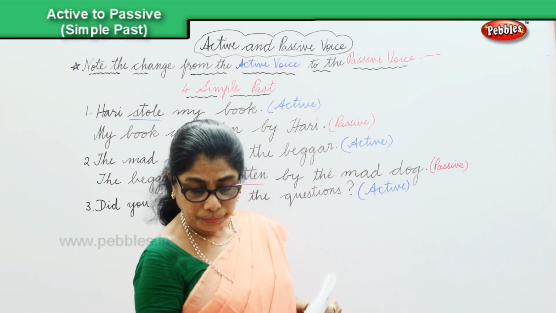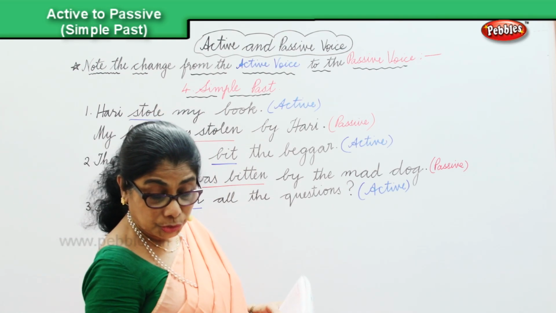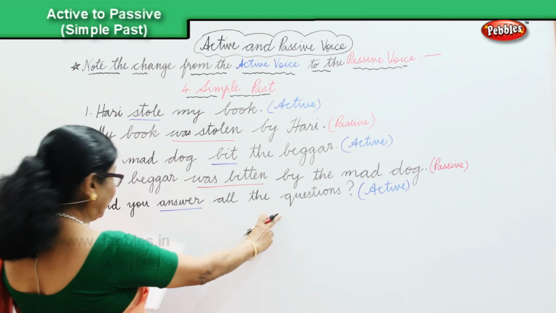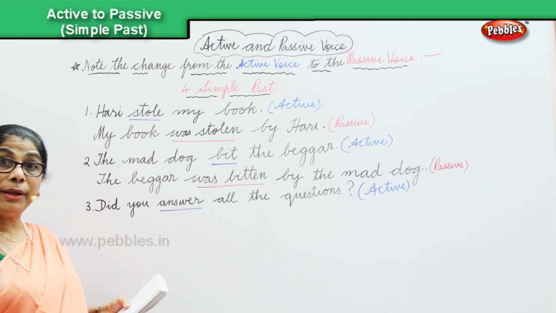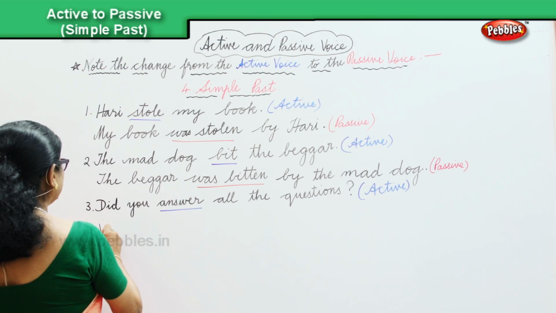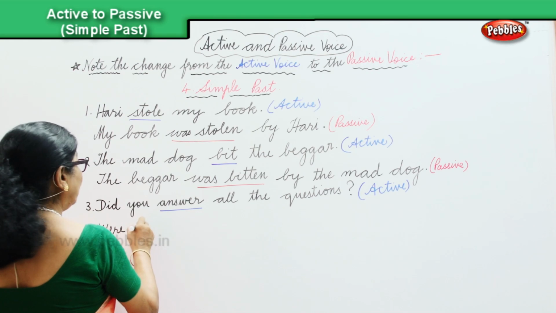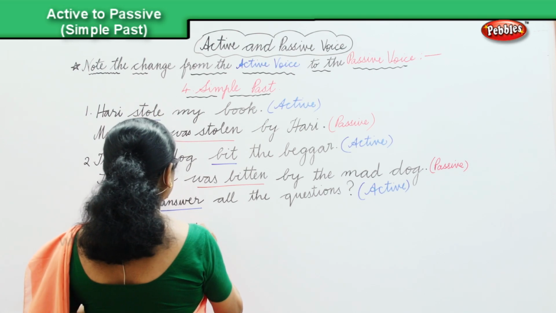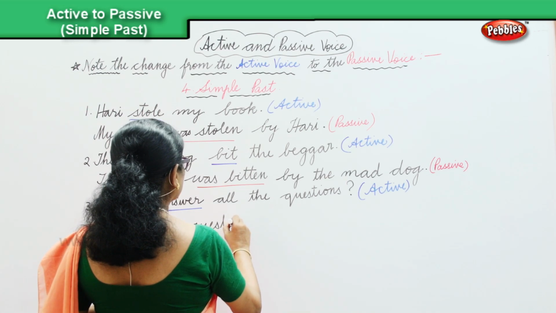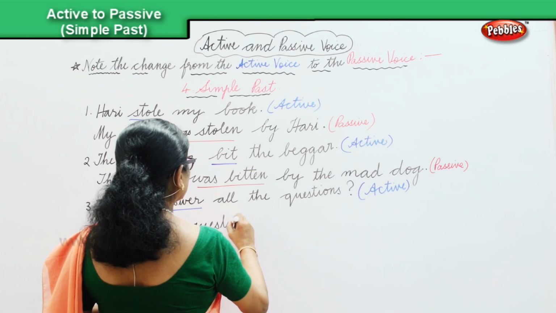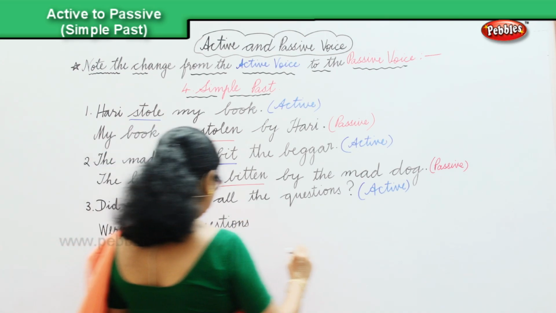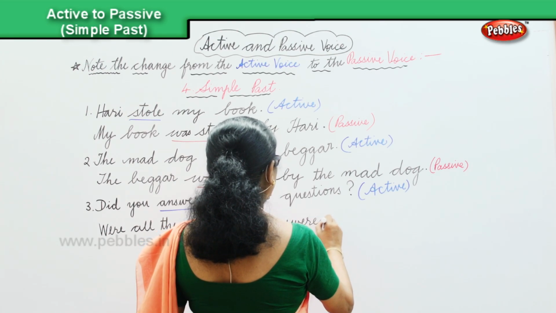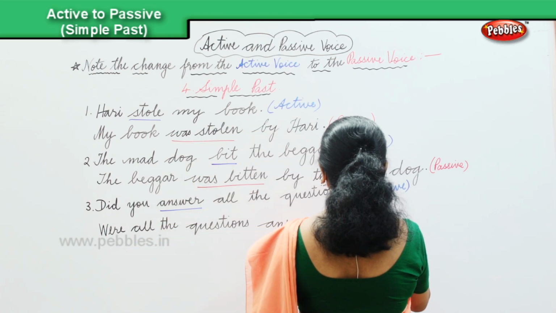Let's do the changeover in the simple past into the passive voice, and it will be, were all the questions answered by you? Were all the questions answered by you?